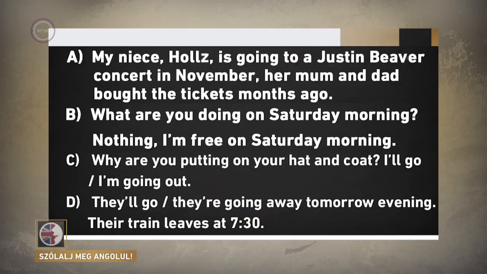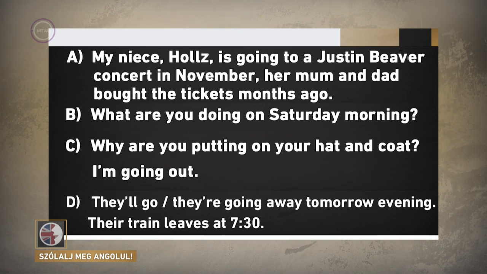You're preparing to go out. All of these things tell us that it's a future plan. So, well, which form of the future is correct? The correct form is going to. So the correct answer is, why are you putting on your hat and coat? I'm going out. Great!